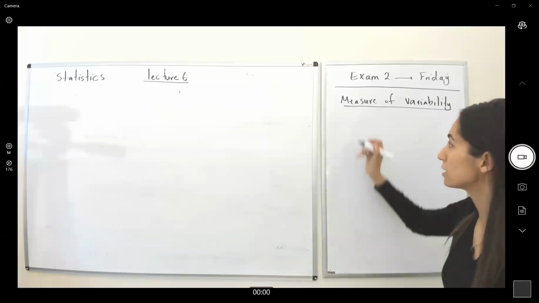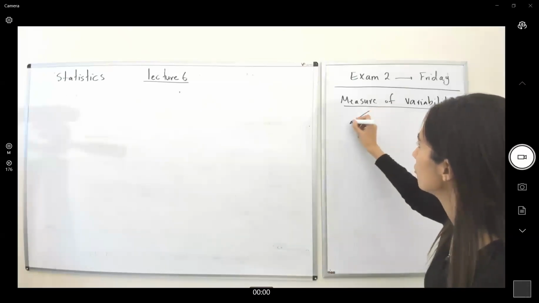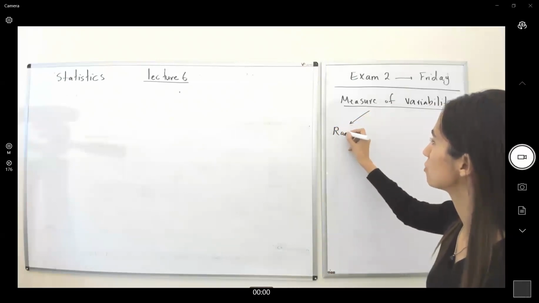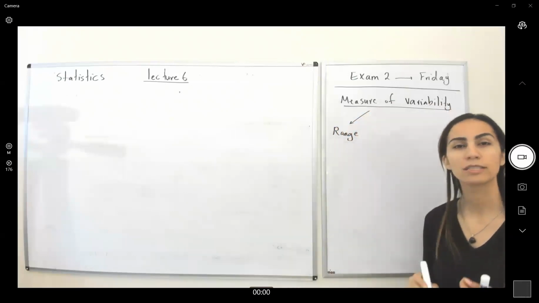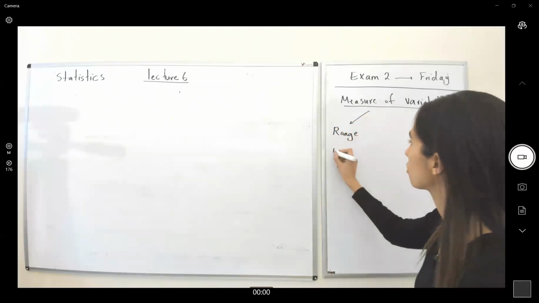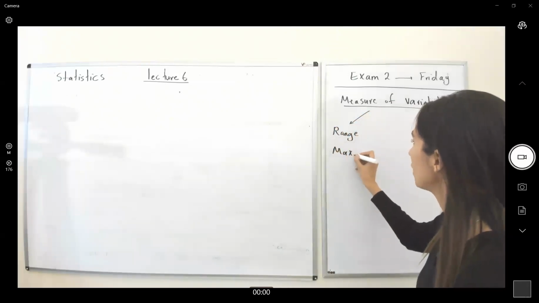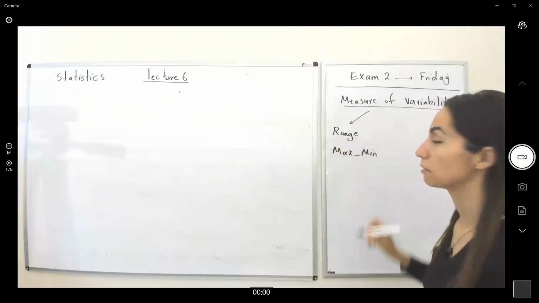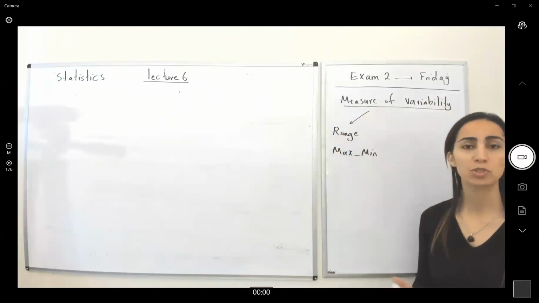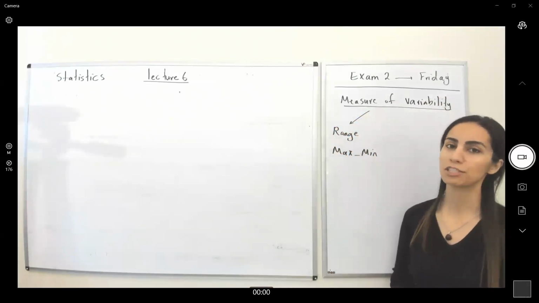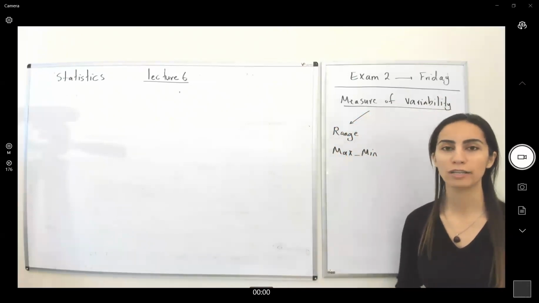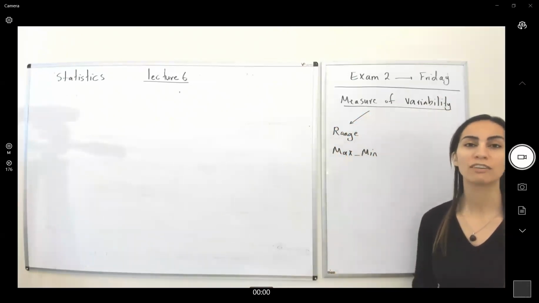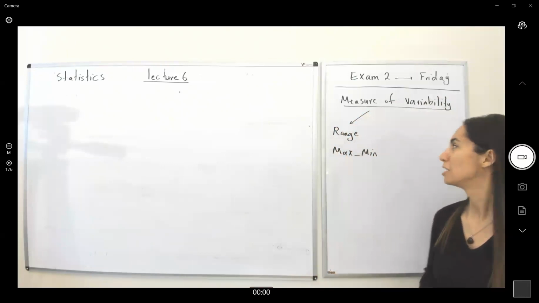So in this case, we have different measures. The first one, which is very easy to calculate, is called the range. Range of your collection is maximum value minus the minimum value. So it only takes on the first value and the last value in your collection, and you're not working with the middle values.